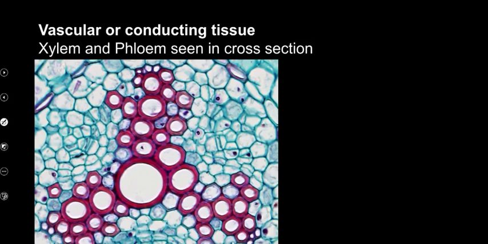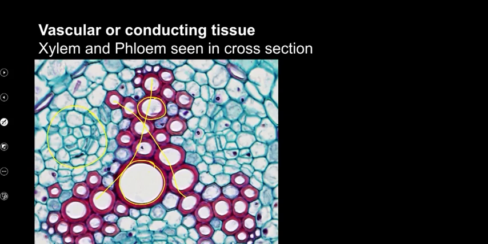This is a photograph taken under a microscope of xylem and phloem. You can clearly see the big xylem vessels here with their very, very thick walls. And if you look, they kind of form almost like a little cross. This is found in a root. So this is where the water would be moving up the stem. This section here, okay, that is phloem.